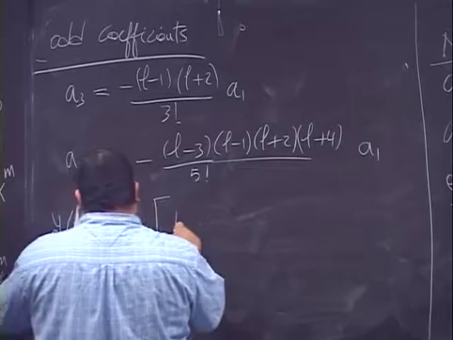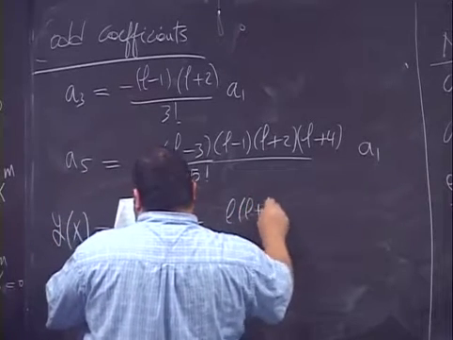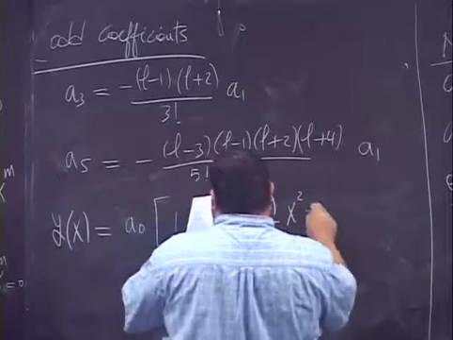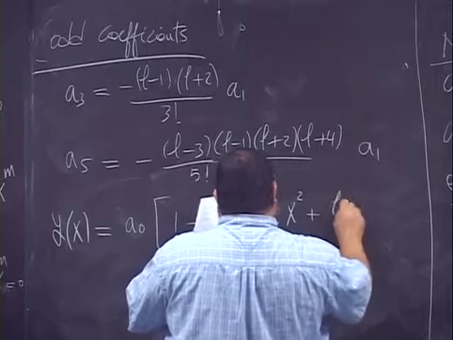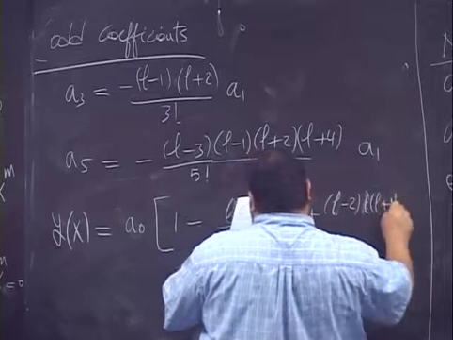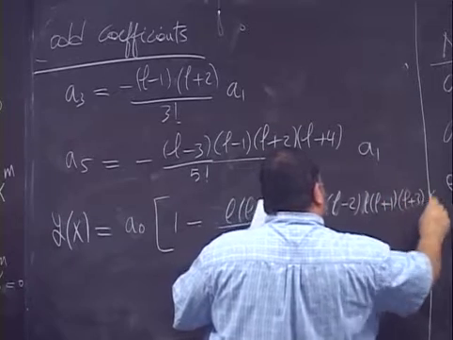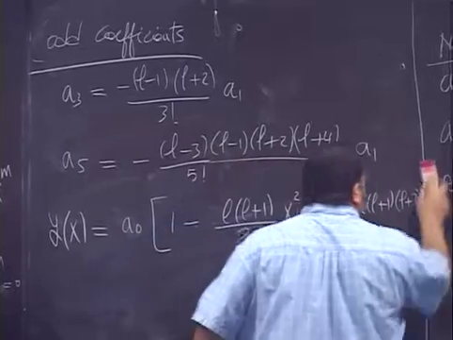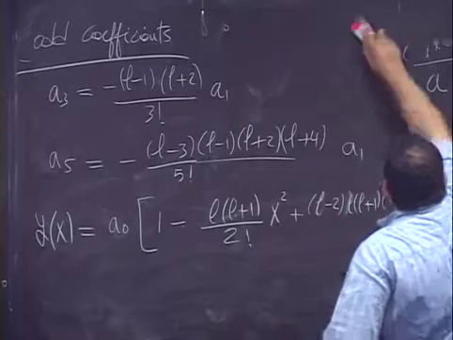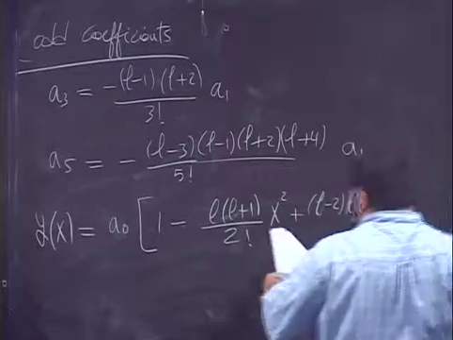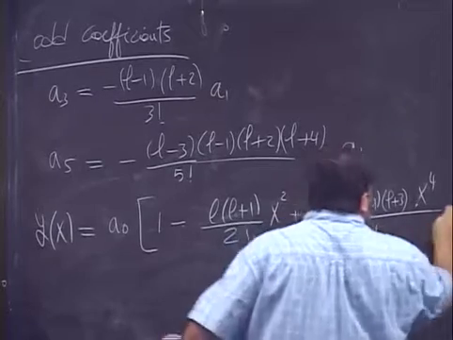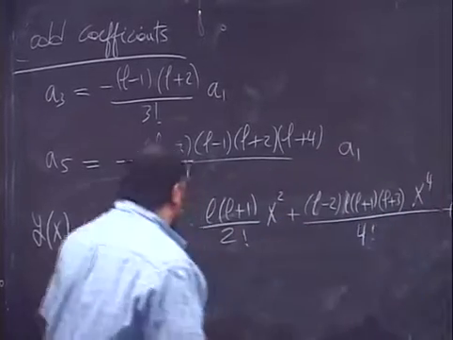You will have A naught times 1 minus L plus 1 over factorial of 2 multiplied by x squared plus L minus 2 multiplied by L multiplied by L plus 1 multiplied by L plus 3, all multiplied by x to the power of 4, sorry, all divided by factorial of 4. So this is the first term.